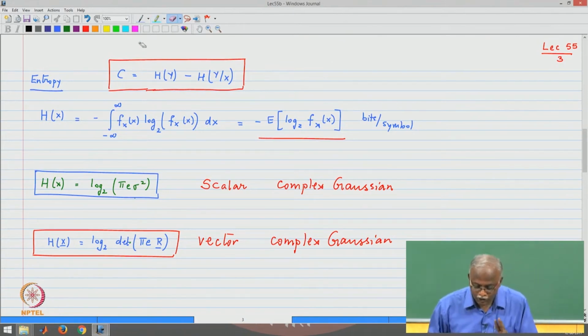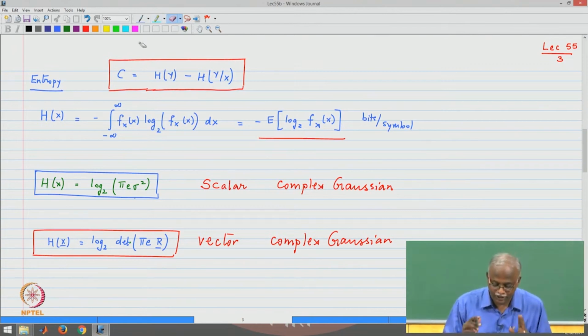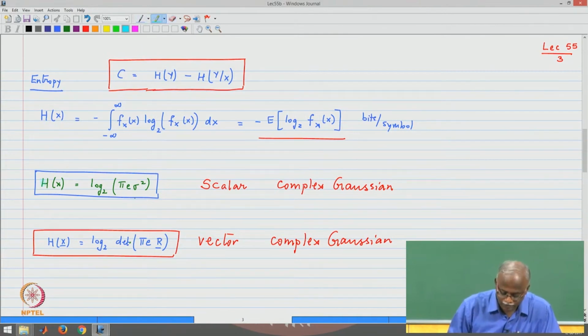Now we did two cases in the last lecture. I would just like to refresh your memory, and using that we will build on today's lecture. The first of the results was for the case of a scalar complex Gaussian, using the PDF and using the understanding that the expression for the entropy is given by minus expected value of logarithm base 2 of the PDF.